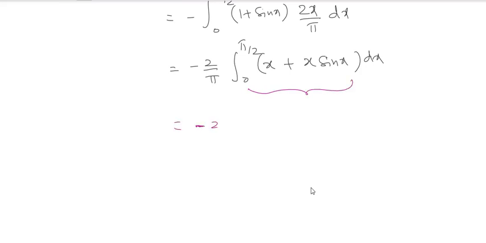So minus 2 by pi, if you do that integration, you will have this value as pi square by 8 plus 1. Check it out. So minus 2 by pi into pi square by 8 plus 1. This is the answer. That integration I am just giving for you guys. That is the part of that problem. Clear?